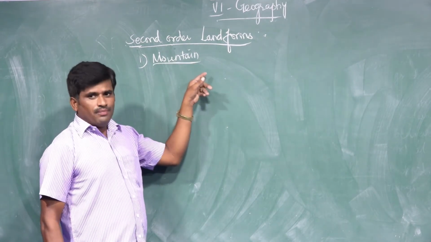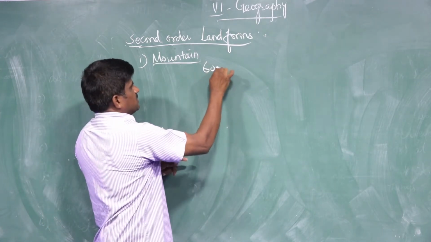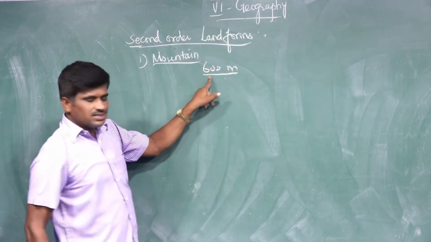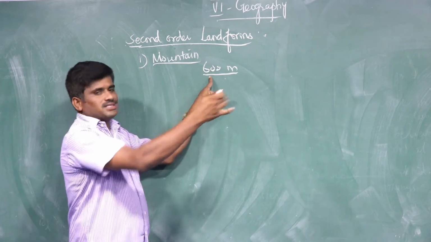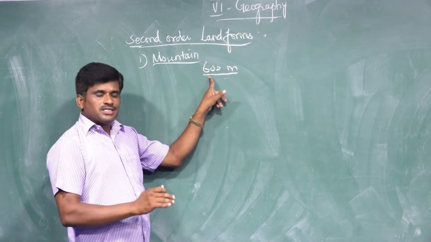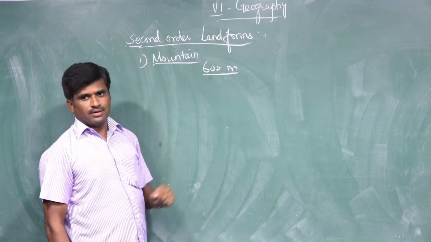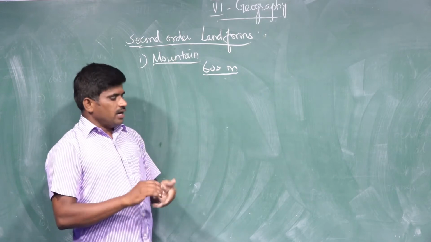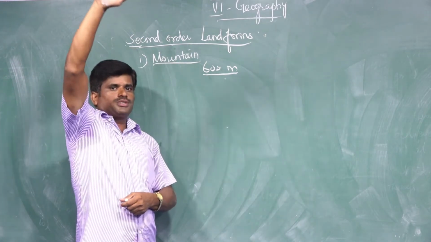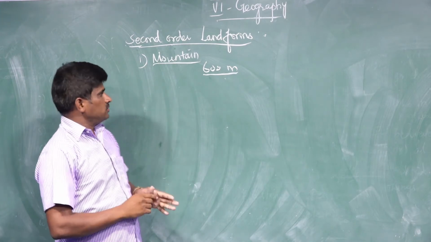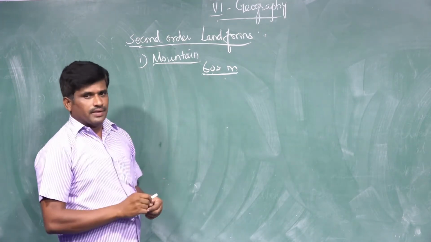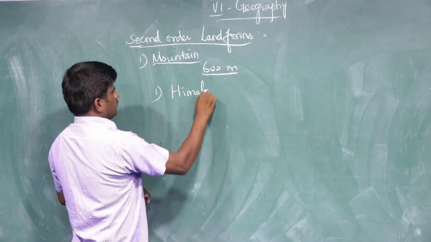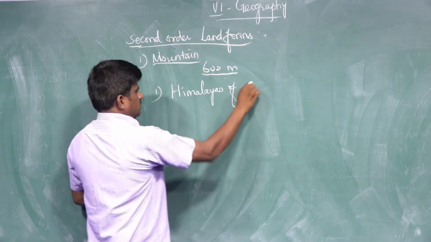A landform that rises 600 meters above its surroundings and has steep slopes is called a mountain. Here are examples of mountain: the Himalayas of Asia.